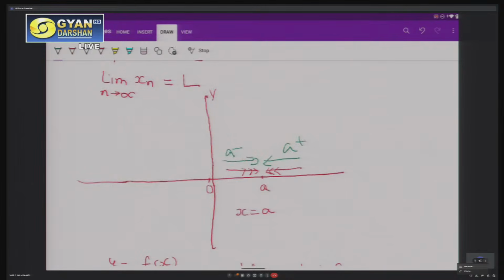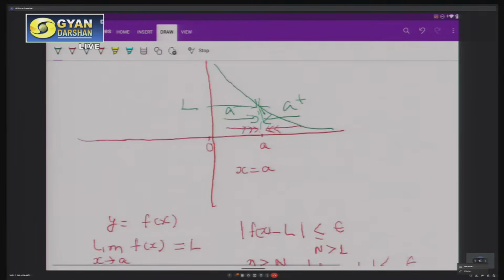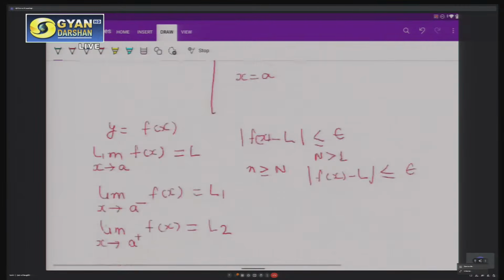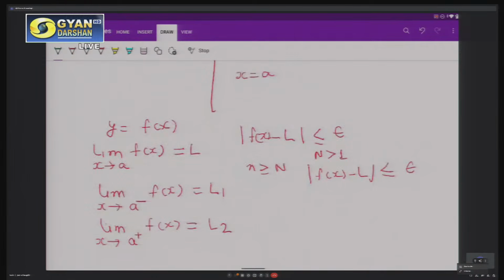Say some function is there, and this is the value of y, f(x), say L. So either coming from this side or this side, the value is approaching L, and it is coming nearer and nearer as x approaches nearer and nearer to a plus or a minus.